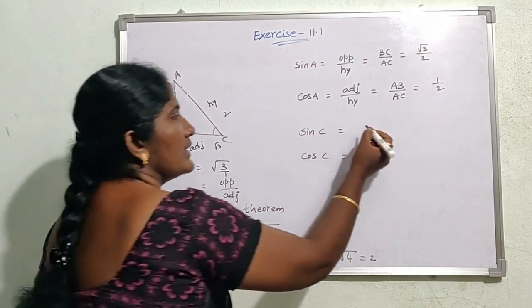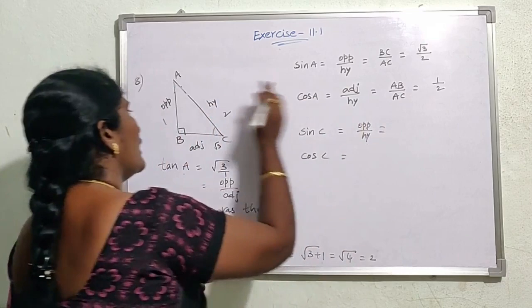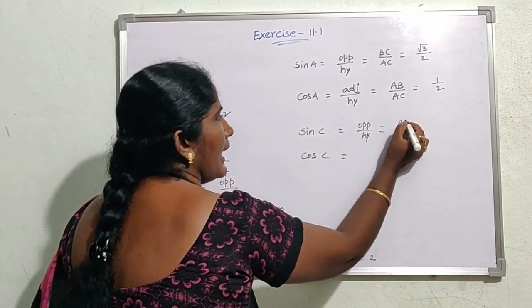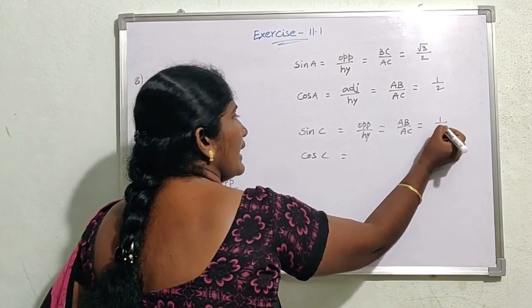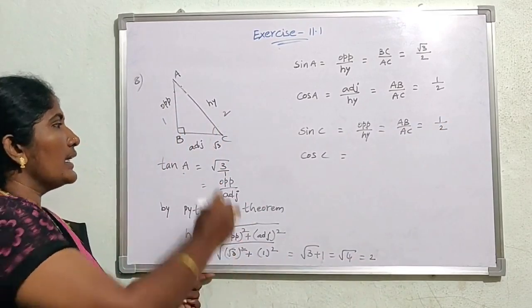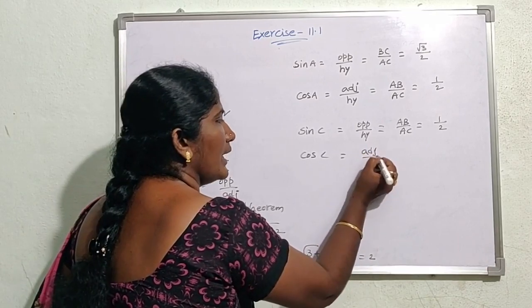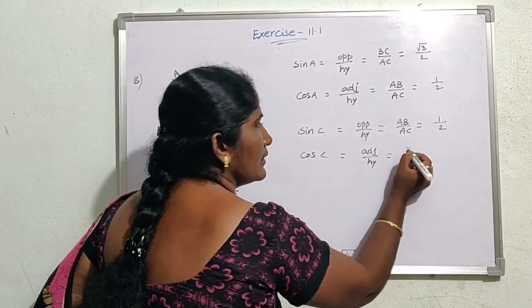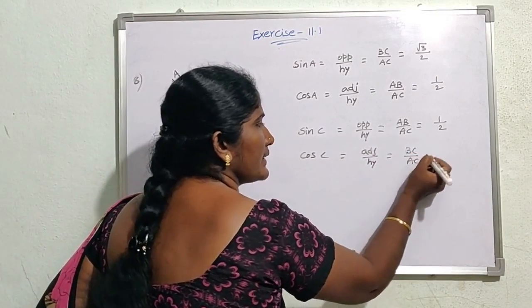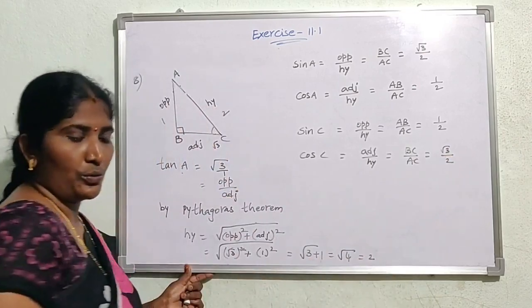Now once again sin C is equal to opposite by hypotenuse. Here opposite is AB. Hypotenuse as usual AC. AB value is 1 and AC value is 2. Cos C adjacent by hypotenuse. Here adjacent is BC. Hypotenuse is AC. BC value is root 3 and AC is 2.